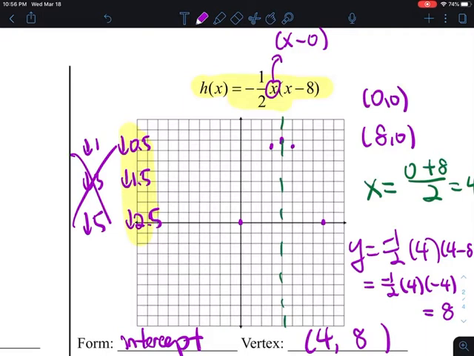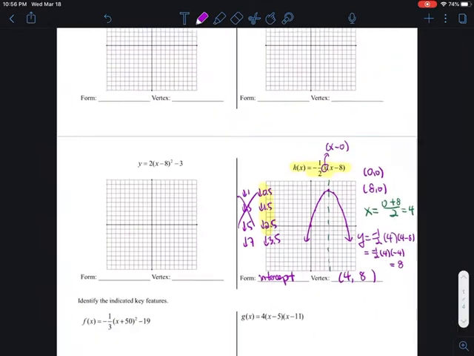So let's go down 0.5, and then down 1.5, and then down 2.5, and then actually 3.5. This will be down 7, and then down 3.5 will get us to the intercepts. And there it is.